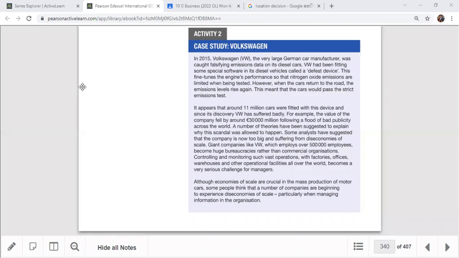However, when the cars return to the road, the emission levels rise again. This meant that cars would pass the strict emissions test. It appears that around 11 million cars were fitted with this device, and since its discovery, VW has suffered badly. For example, the value of the company fell around euros 30,000 million following a flood of bad publicity across the world.